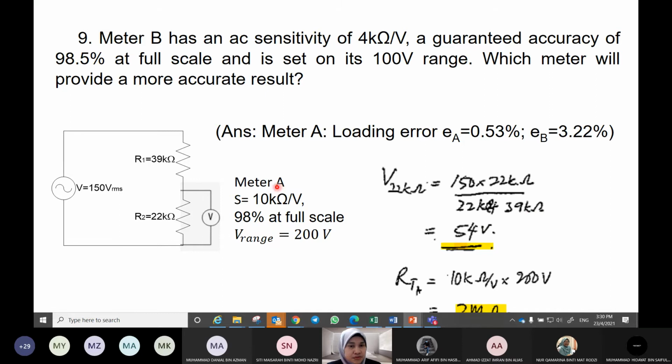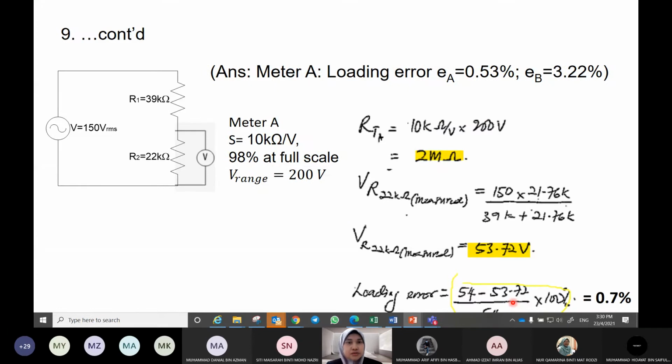Now we want to find the voltage measured by meter A. The first step is to find the R total of meter A. R is equal to S multiplied by V range. S is given, it is 10K, multiplied by the voltage range of this meter, 200, and we get 2 mega ohm.